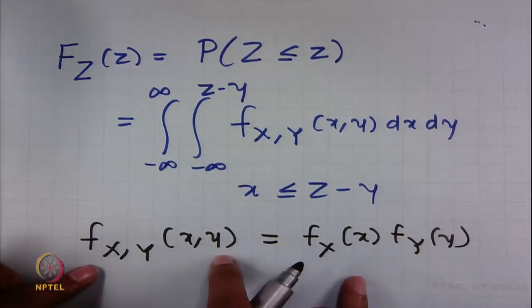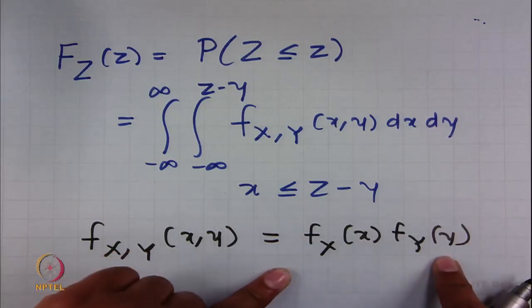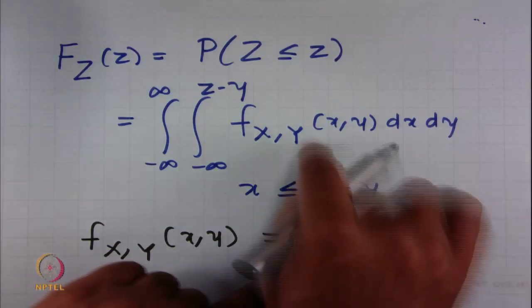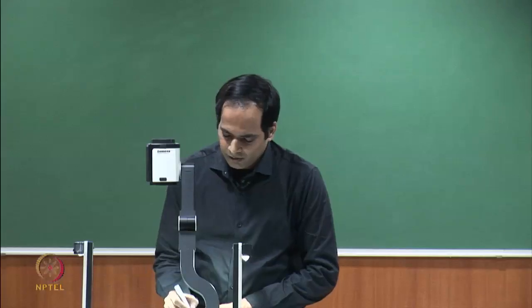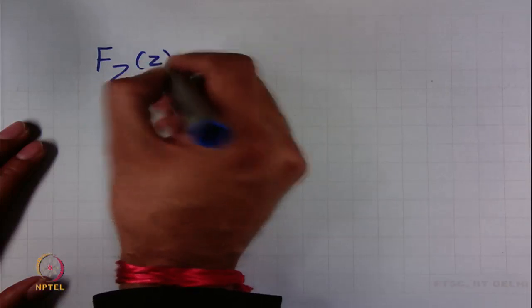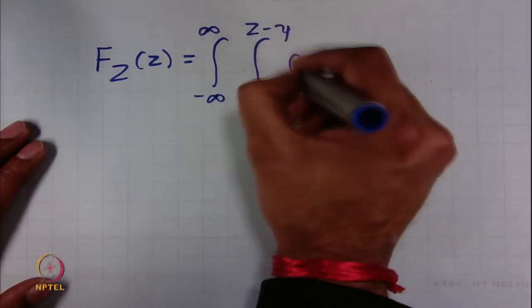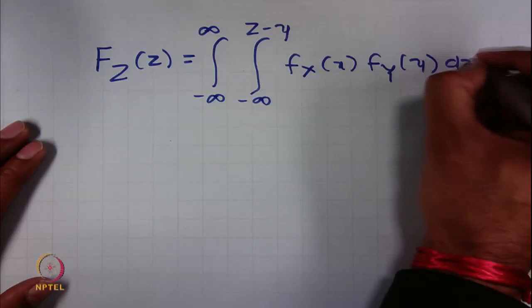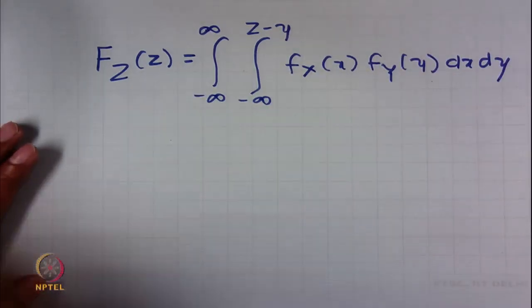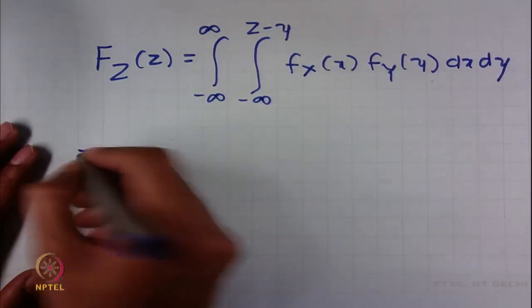So, instead of thinking about this quantity, I can think of it in terms of this quantity, and then I can substitute this in here, and what I get is f z of z can be evaluated, and using Fubini's theorem I can rearrange this integration in this way.